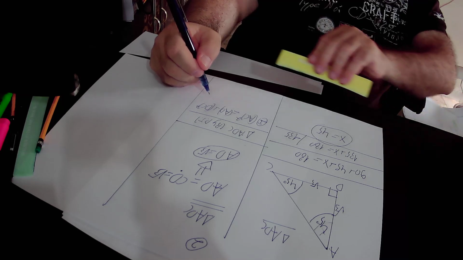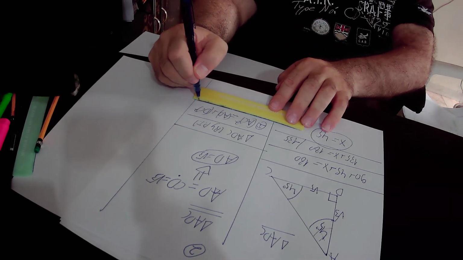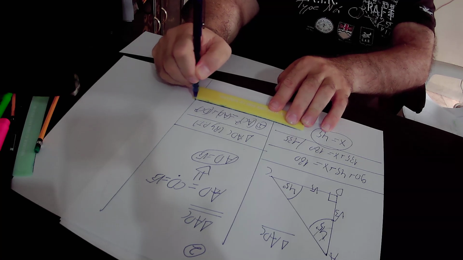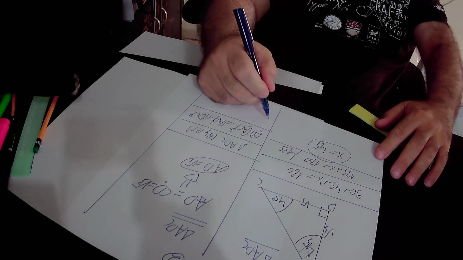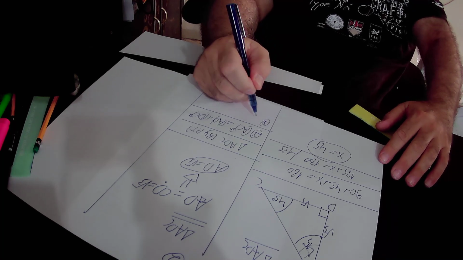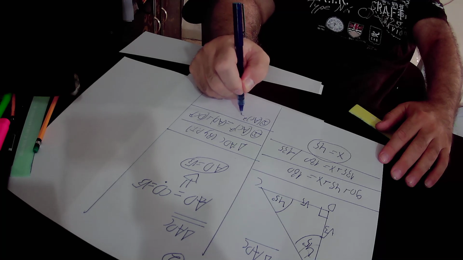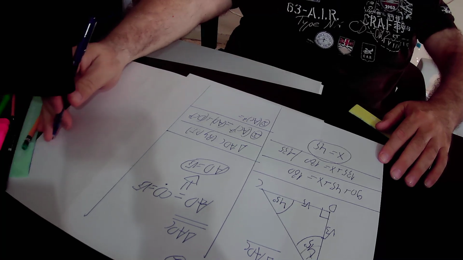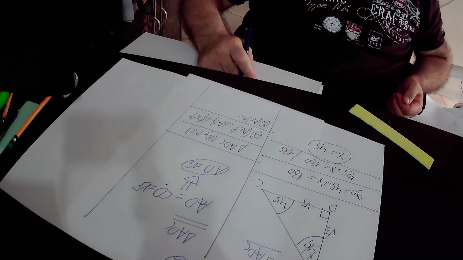Equation number 1 is the implementation of the Pythagoras theorem in the right triangle ADC. So here AC square equals AD square.